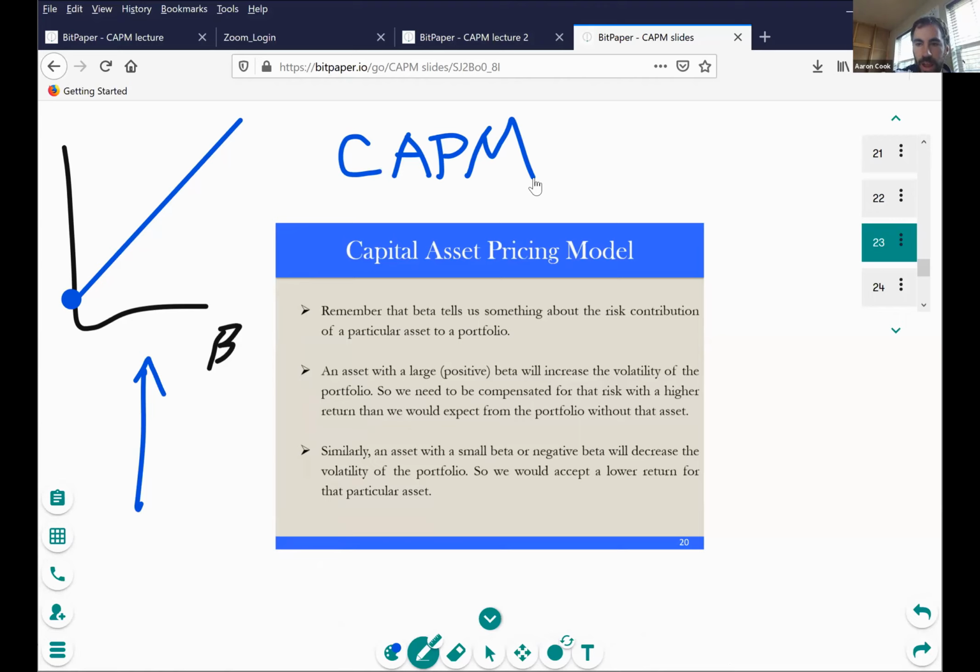I think on Friday we're going to have a tutorial for doing regression analysis, where we actually take stock data and then estimate what these betas are, and generate this capital asset pricing model line.